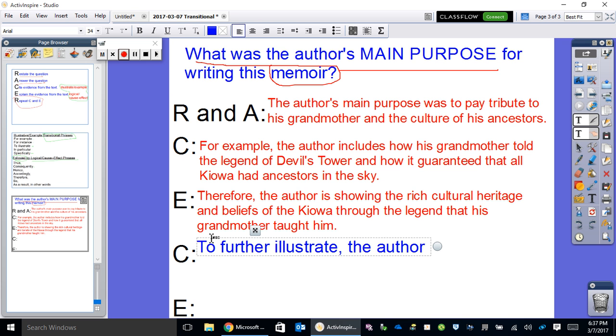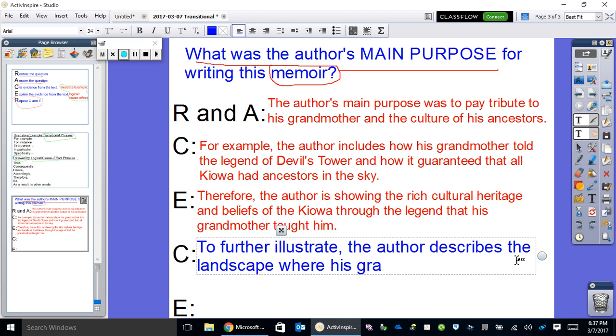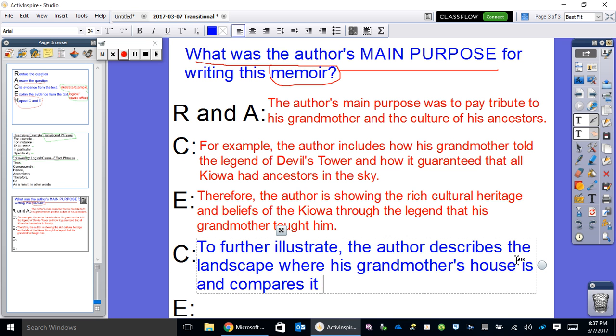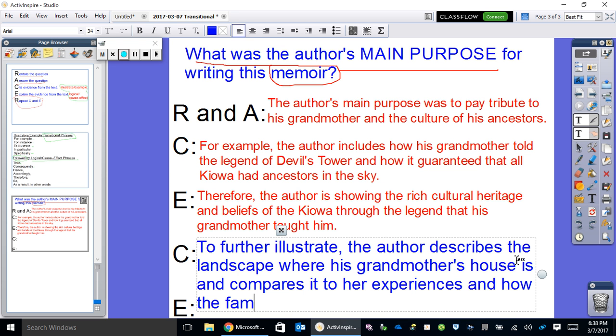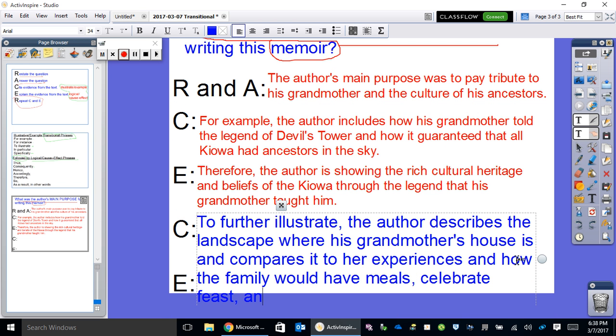the author describes the landscape where his grandmother's house is, and compares it to her experiences and his time and how the family would have meals, celebrate feasts, and the like.